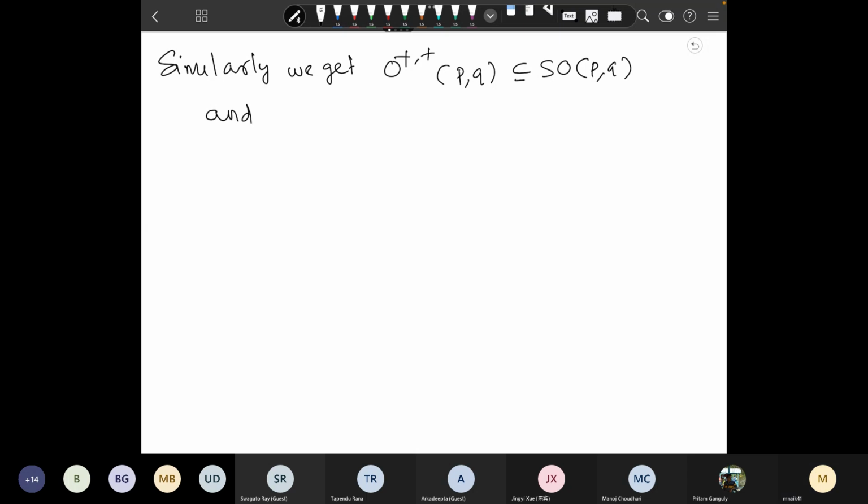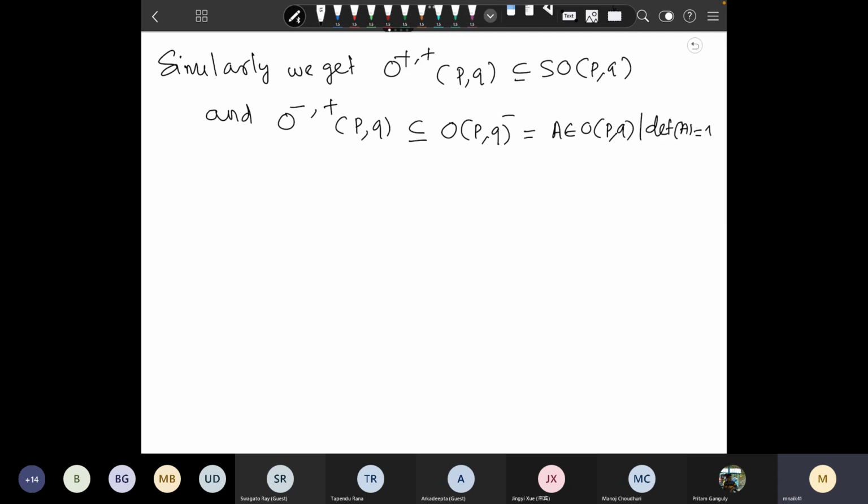and O plus minus (P, Q) is contained inside O(P, Q) minus: if A belongs to it, then the determinant of A is minus 1.